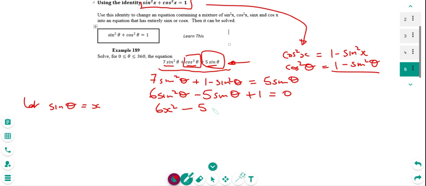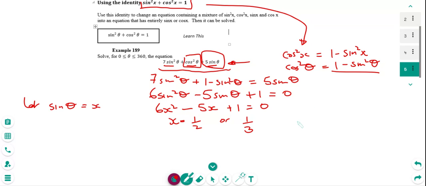So we've got 6x squared minus 5x plus 1 equals 0. Now all we need to do is put that into your calculator to try and solve it, and we'll get that x is equal to a half, and the other solution is x is equal to 1/3.